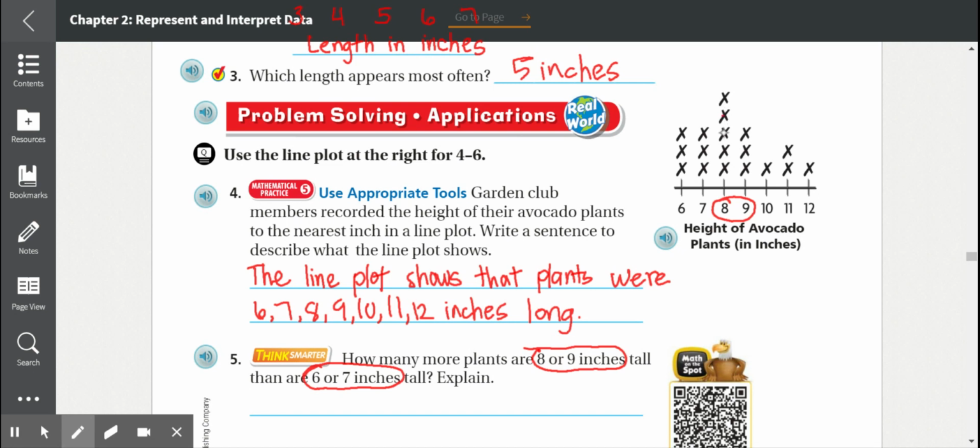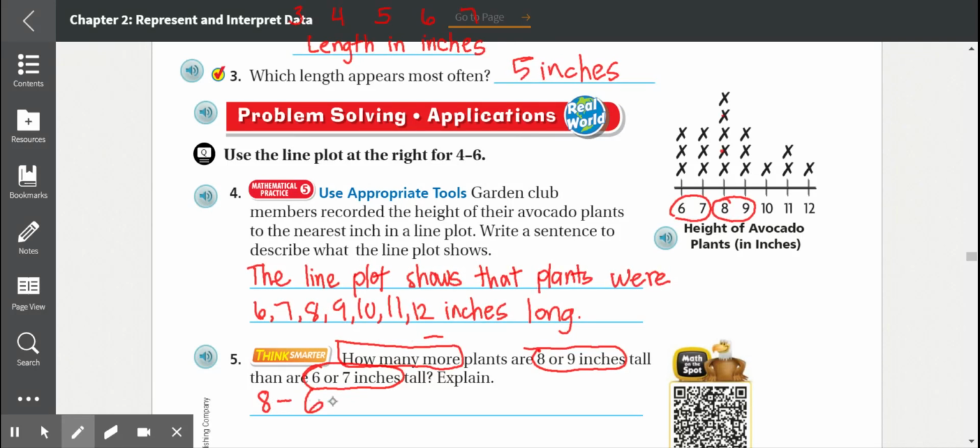So we're going to count all 8 and 9. 1, 2, 3, 4, 5, 6, 7, 8, and I'm going to write it down. And then let's do 6 and 7. 1, 2, 3, 4, 5, 6. And it says how many more plants were 8 and 9 inches tall, and how many more means we have to subtract.